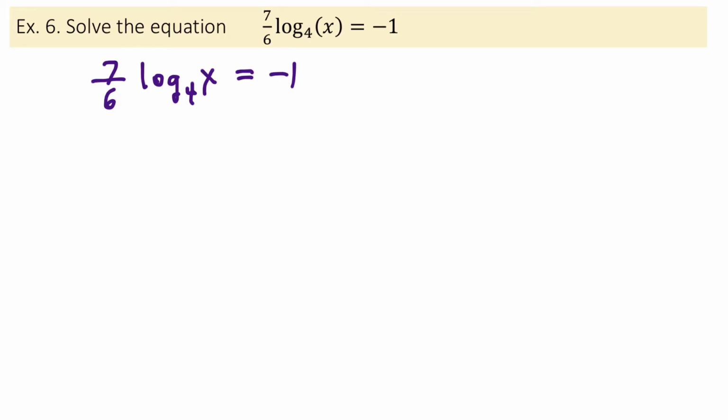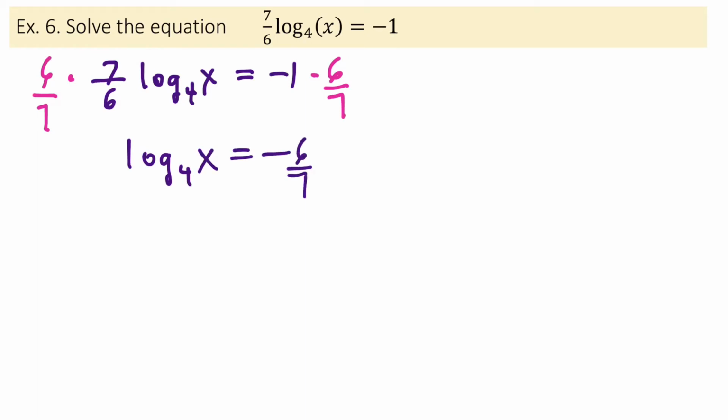Okay, so our next example says 7/6 log to the base 4 of x is equal to -1. So let's isolate that log base 4 of x. So we're going to multiply both sides by the reciprocal. So we'll get log to the base 4 of x is equal to negative 6/7.